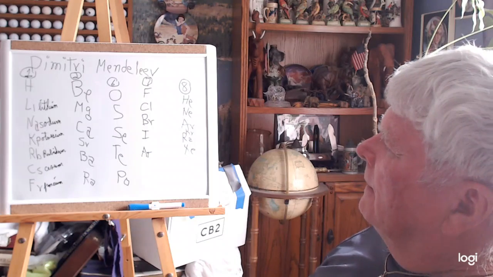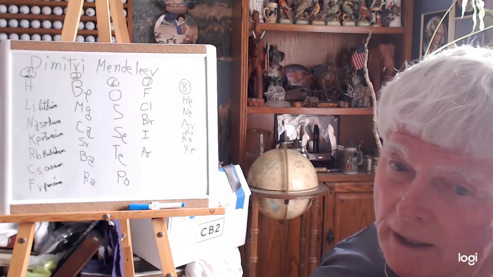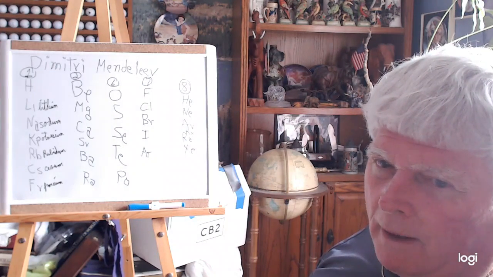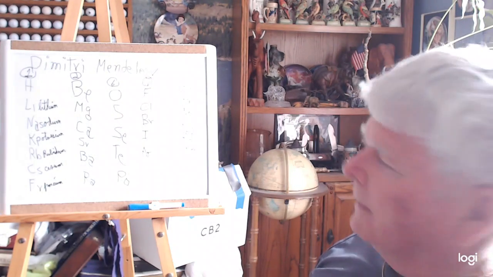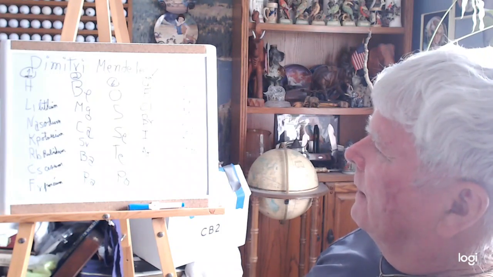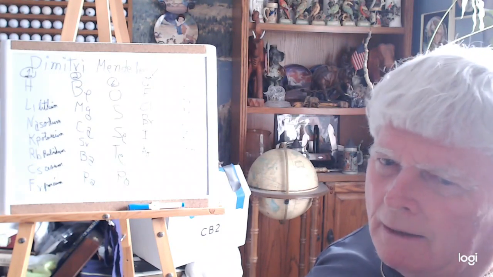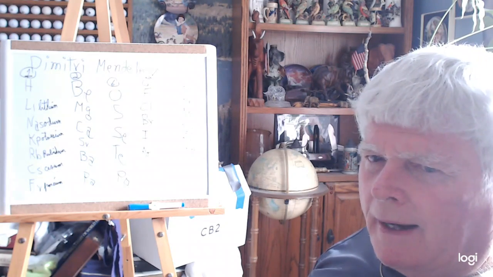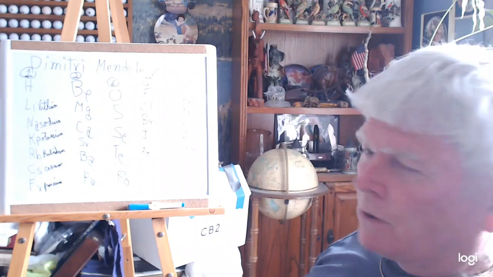Hydrochloric acid, sodium chloride, table salt, sodium and chlorine. Sodium having 1 electron, chlorine having 7 rather, and that gives you 8, which is your magic number for a balanced chemical reaction. Sodium chloride.